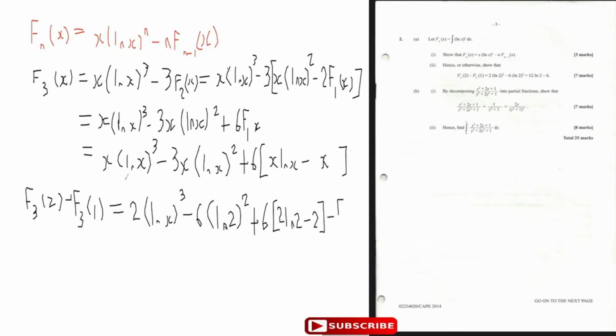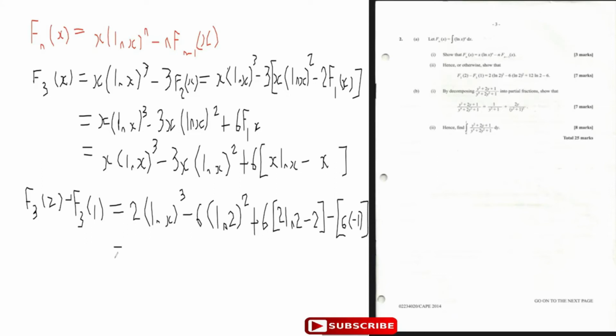But we know that ln 1 is 0, so this is 0, this is 0, this is 0, and so it works out to be, in brackets, 6 times minus 1, because everything else is 0, ln of 1 is 0.